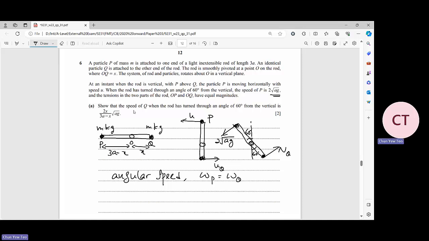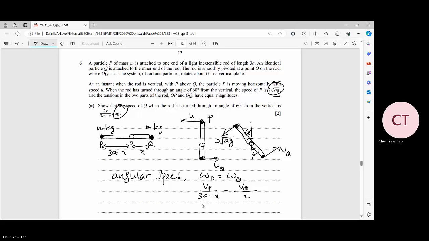This formula involves the V, so we can use it here. That means VP over the radius, the radius of P is 3a minus x, is equal to VQ divided by x.